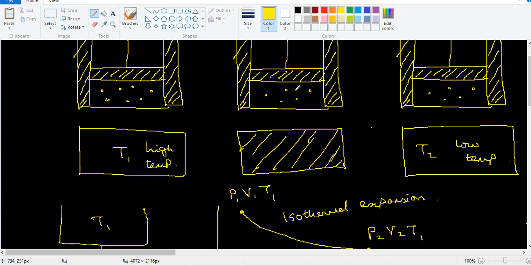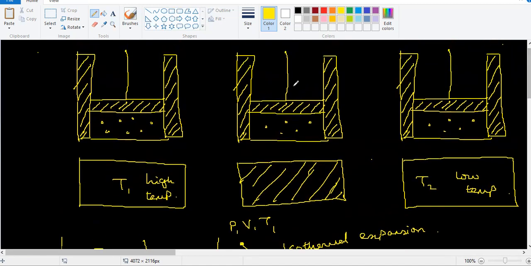I cannot keep the same temperature because the pressure is decreasing as the piston is going upwards. Since the pressure here is decreasing rapidly, the temperature will also decrease.